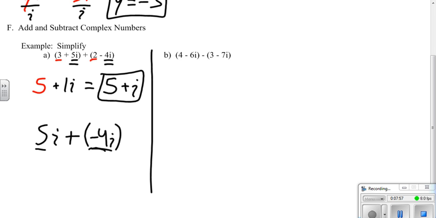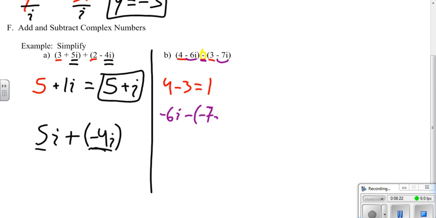Similarly, when we subtract them, again, we have to remember to switch the signs, but it's the same idea. In this case, we would be left with 4 minus 3, which equals 1. That's our real part. A negative 6i minus negative 7i.